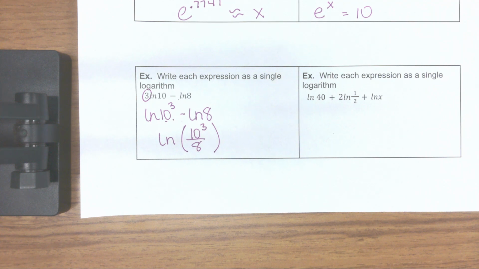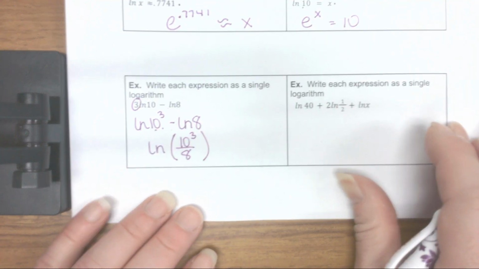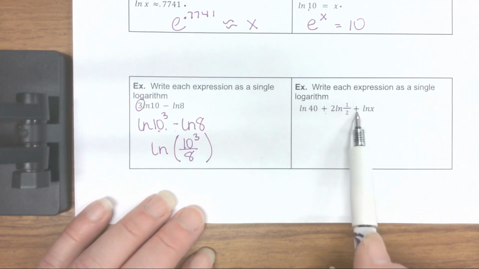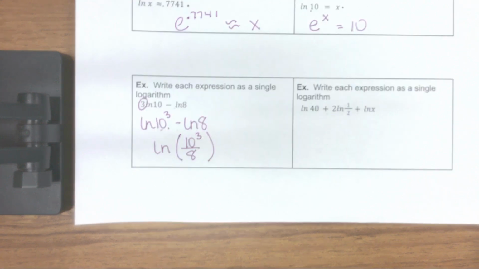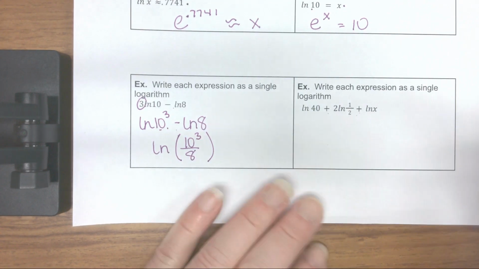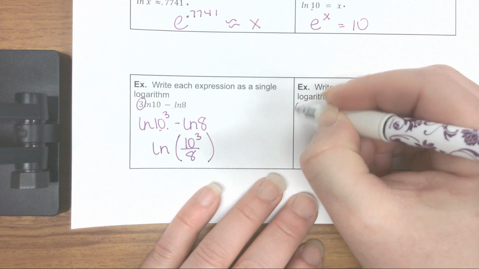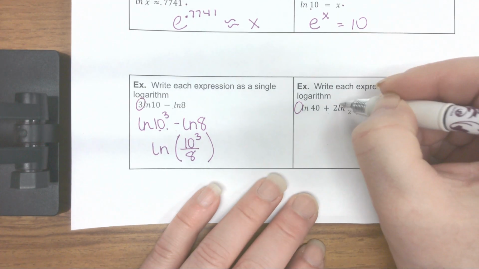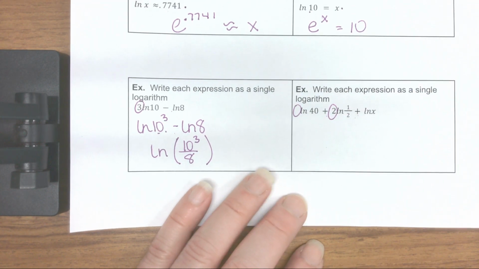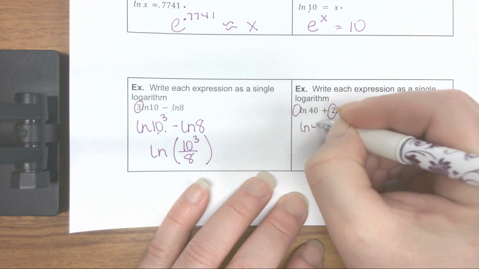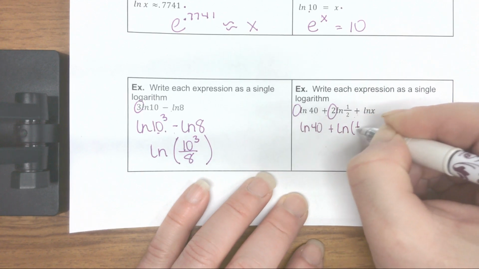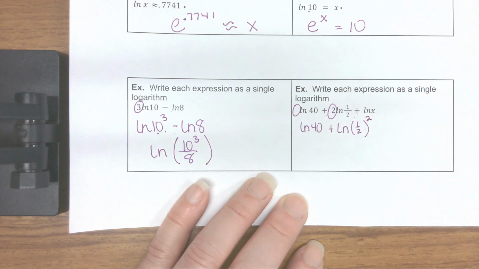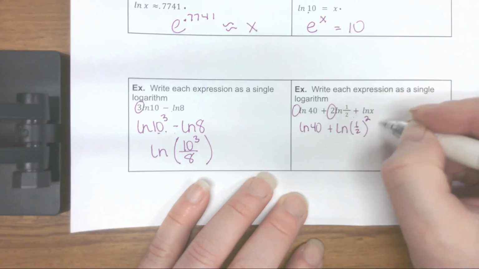All right. Does anyone remember how I condense with addition? What operation do I use with addition? Multiplication. Okay, so for these ones, I don't have an exponent here. This, I do have an exponent. So I have the natural log of 40 plus the natural log of 1/2 squared. That was an exponent. Plus natural log of x.